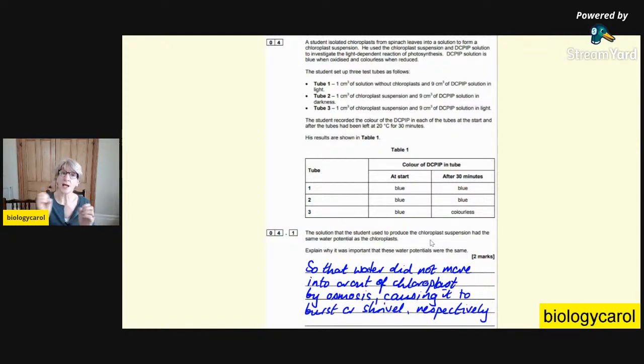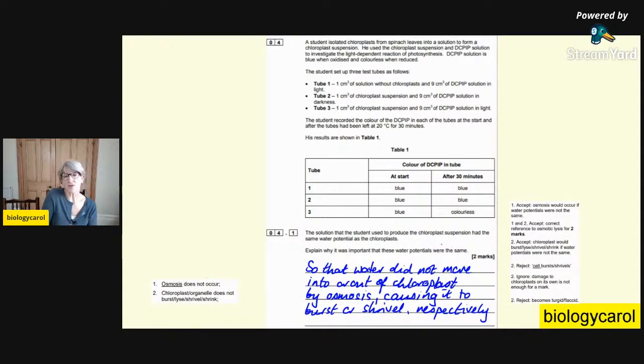Because if the water enters, the chloroplast will burst, and if the water leaves the chloroplast will shrink. And hence, that's why I've written what I have and put the word respectively on the end, so that going into is relating to burst and going out of is relating to shrivel.